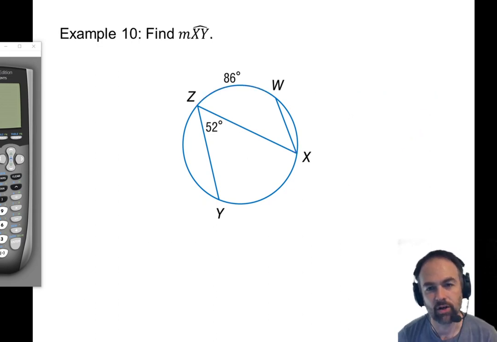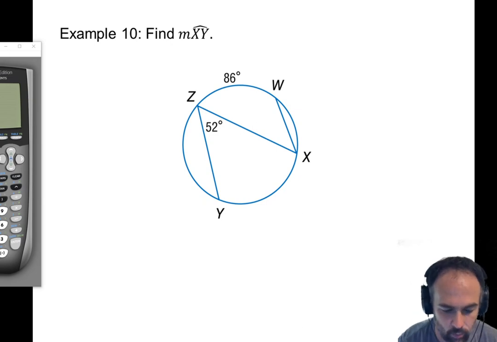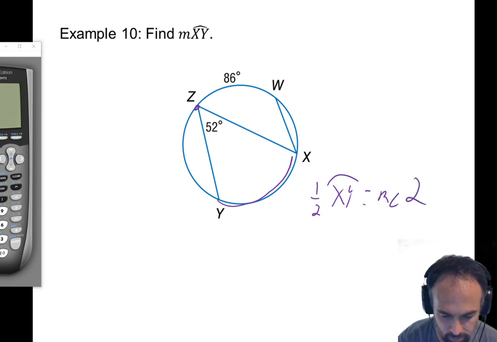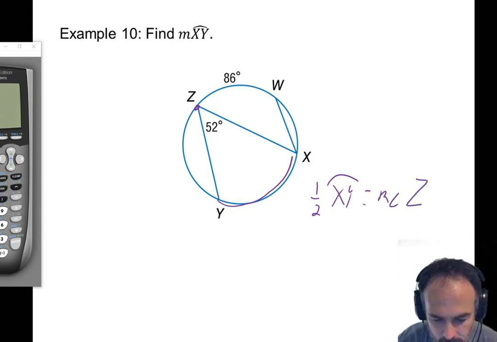Okay, find the measure of arc XY. Well, here we got inscribed angle Z, intercepted arc ZX or XY. So 1/2 of arc XY is equal to the measure of angle Z. So whenever I plug that in, 1/2 times XY is equal to 52 degrees.